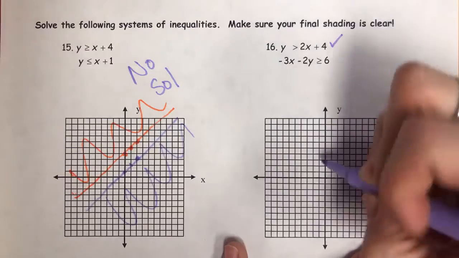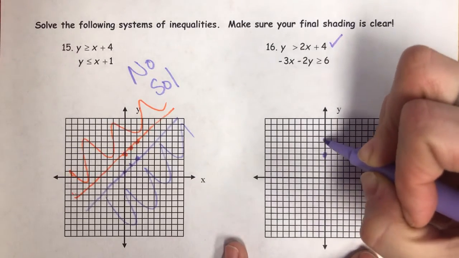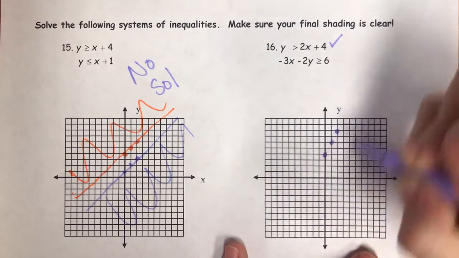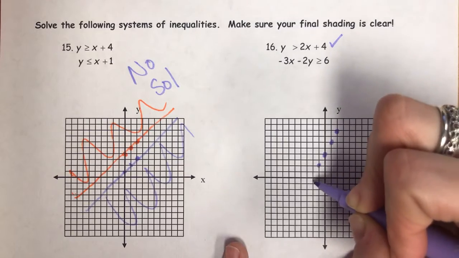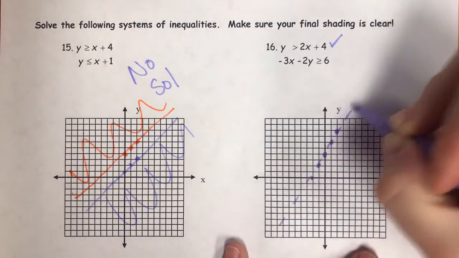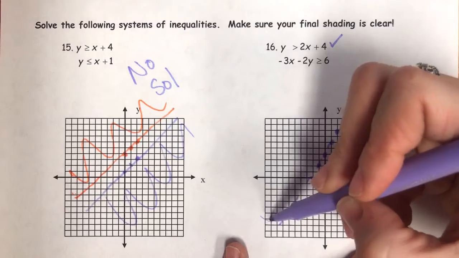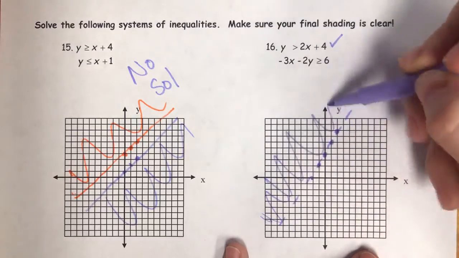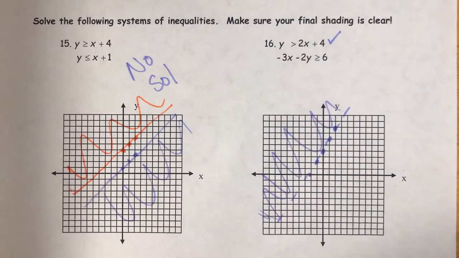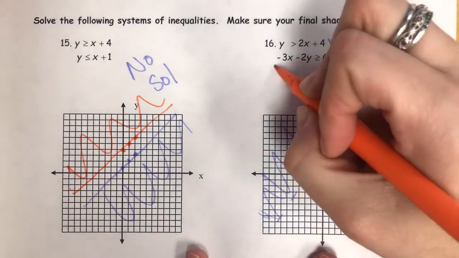Number 16, our first equation, we're going to start at 4 and then up 2 over 1. This is going to be a dashed line. We are going to shade above. Second equation, we are going to have to solve for y.